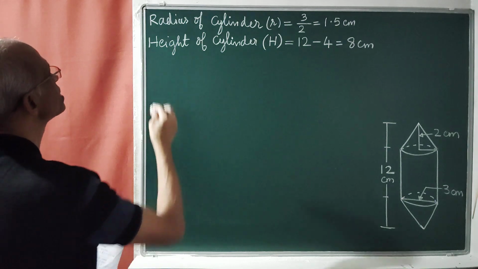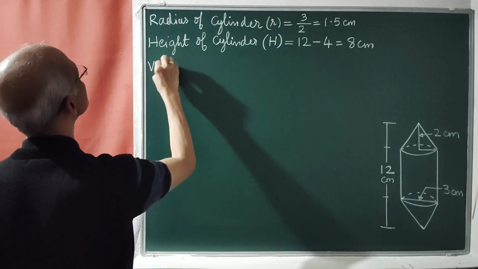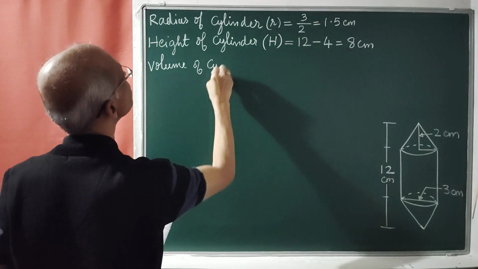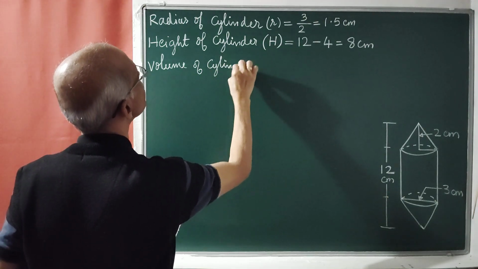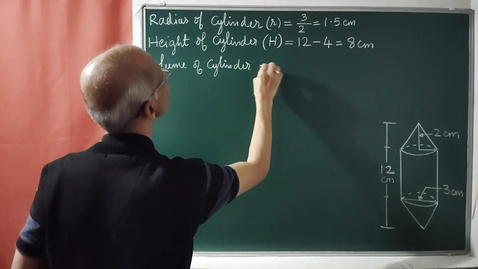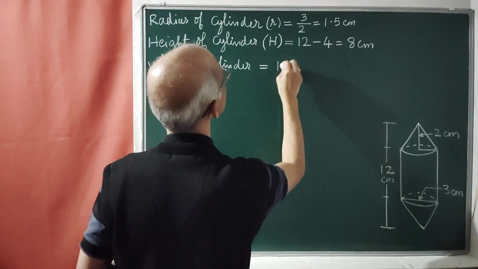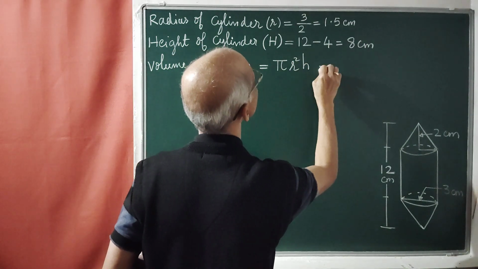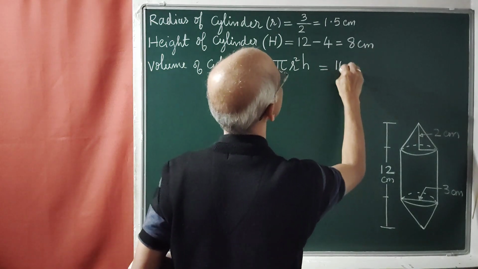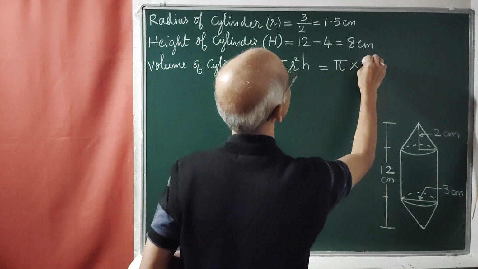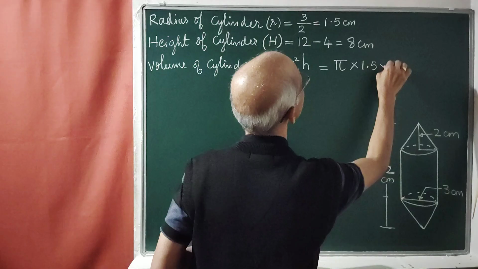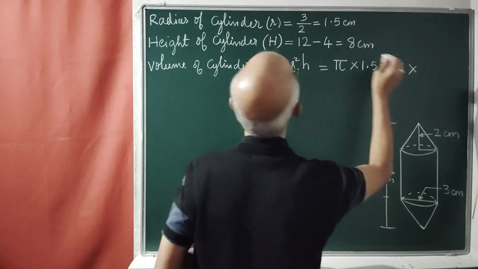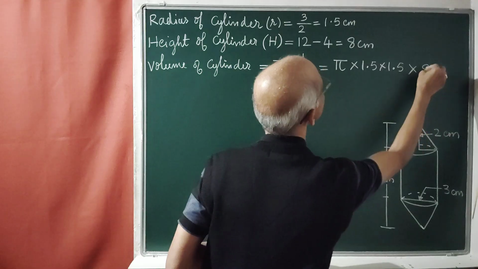Now volume of cylinder is equal to pi r square h, that's equal to pi into r square, 1.5 into 1.5 into height, that is 8.